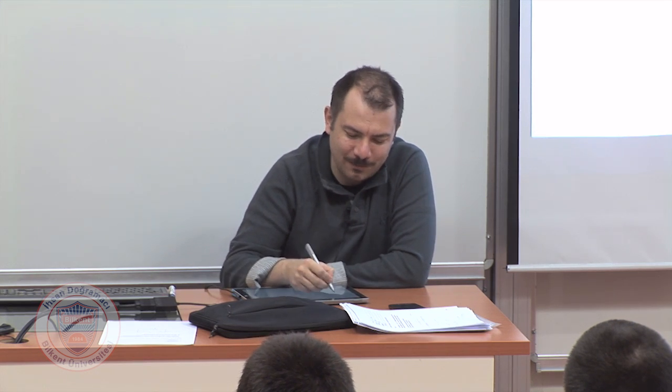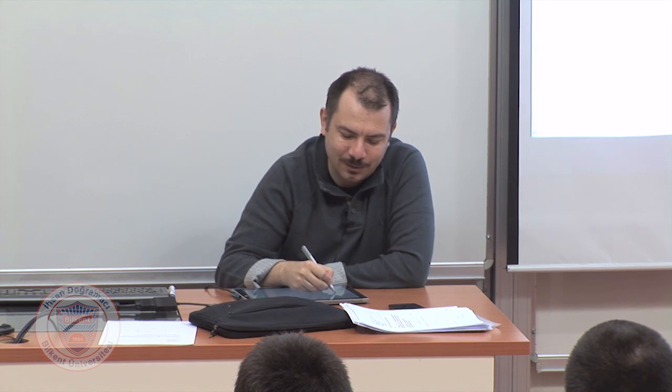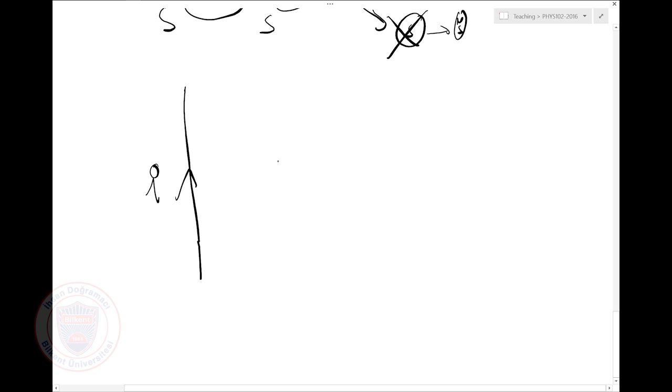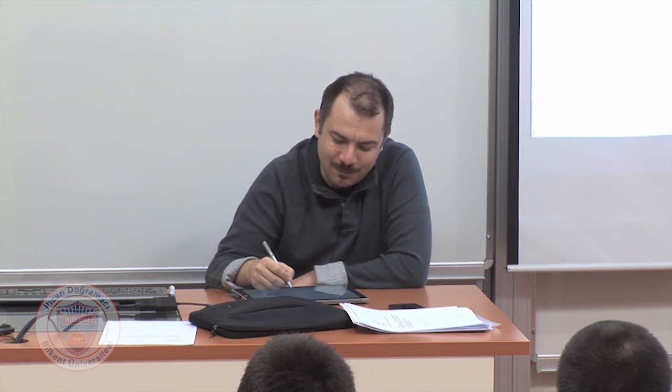One guy noticed something really interesting. If you actually have a wire with a current, and the compass here, you could actually change the direction of the compass. Okay. So he made an important discovery.